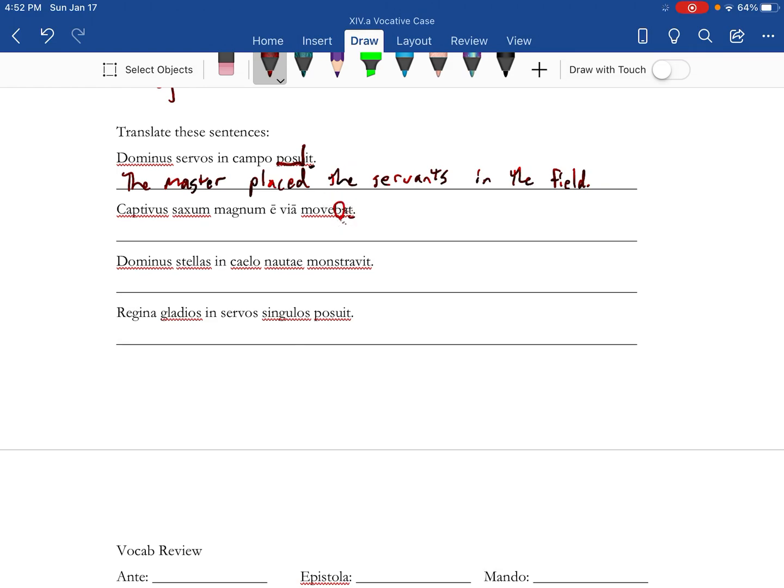Alright, ba was a word, t's, he, she, it, the captive was moving the large rock out of the road.